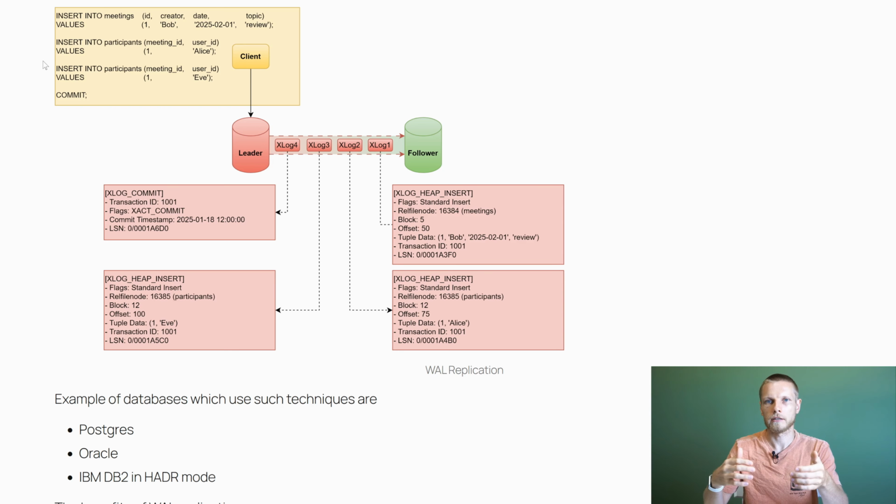But there is a major drawback because of those very low-level XLog records. They depend very much on the exact version of the server, and it complicates upgrades a lot.